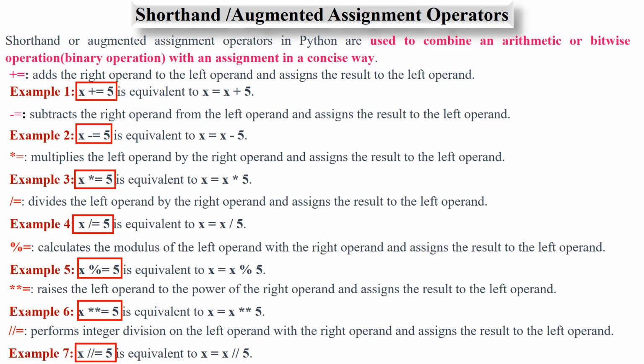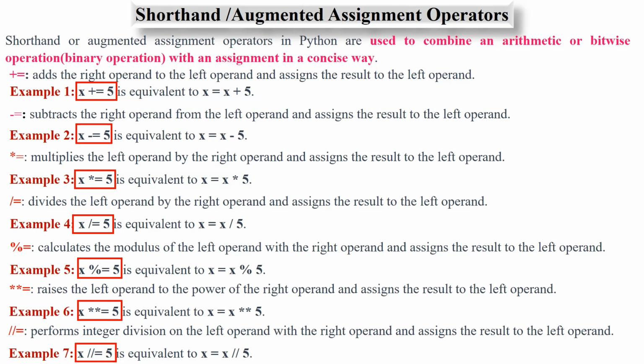First one is plus equals, which adds the right operand to the left operand and assigns the result to the left operand. Example 1: x plus equals 5 is equivalent to x equals x plus 5. Next one is minus equals, which subtracts the right operand from the left operand and assigns the result to the left operand. Example 2: x minus equals 5 is equivalent to x equals x minus 5.